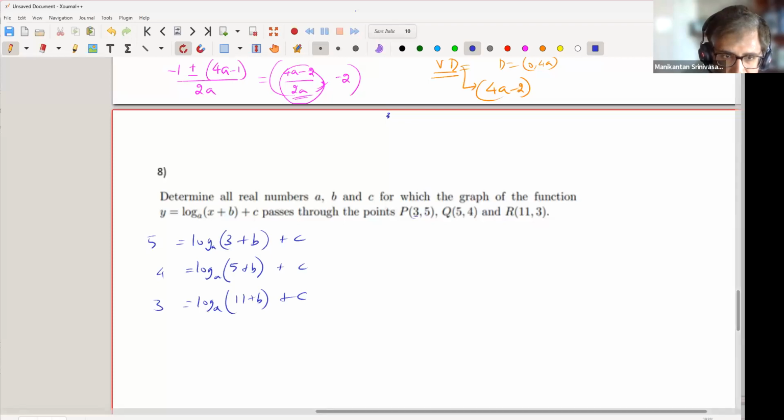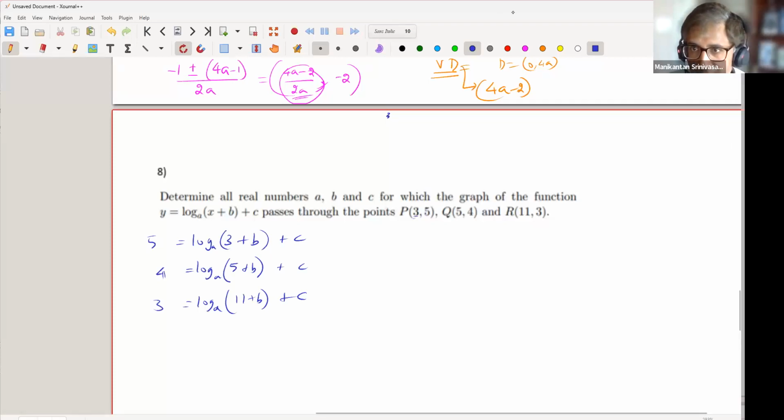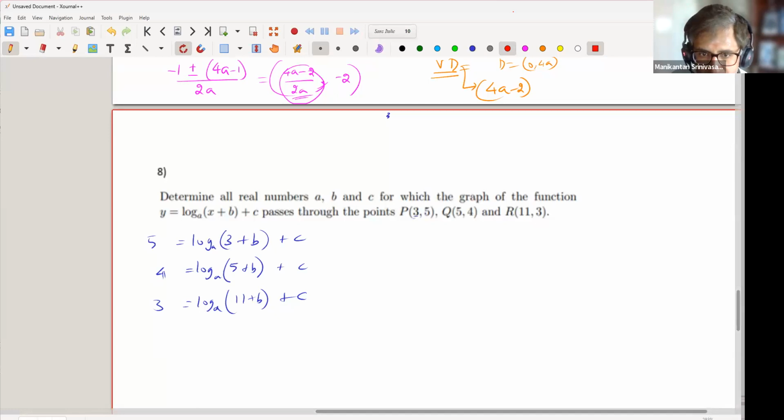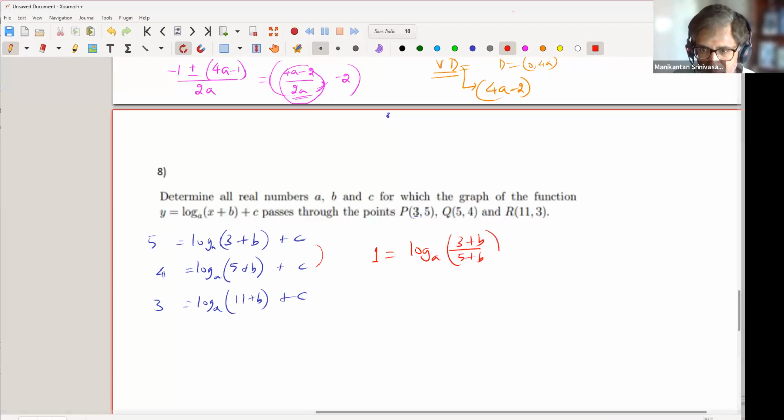Very convenient, spread by just 1. So I can just solve. There are 3 equations, 3 variables. You just have to intelligently solve. That's all. If I do the difference between these two, I get 1 equals, a gets eliminated. C is already eliminated. Log of the ratio of these two, right? 3 plus b by 5 plus b.